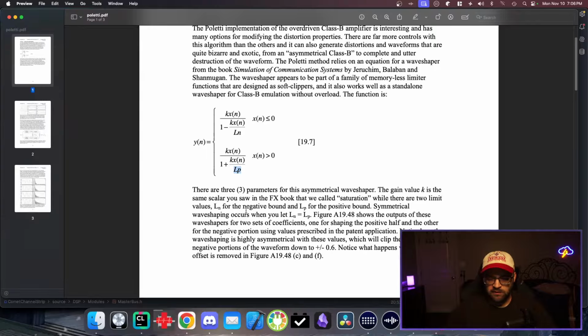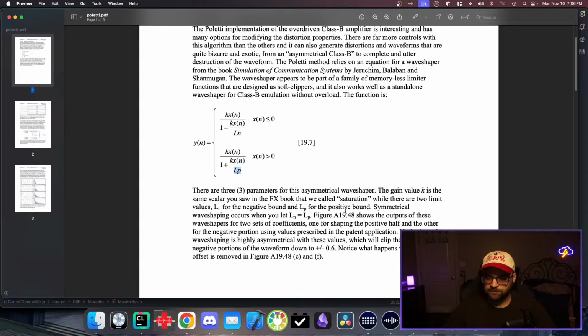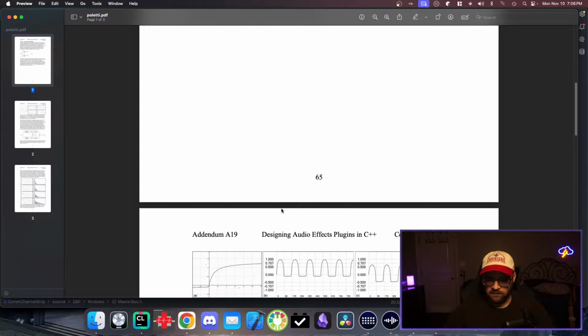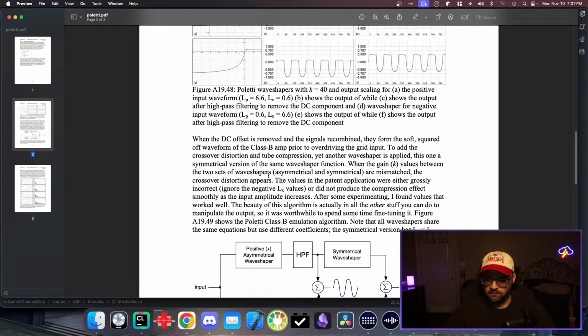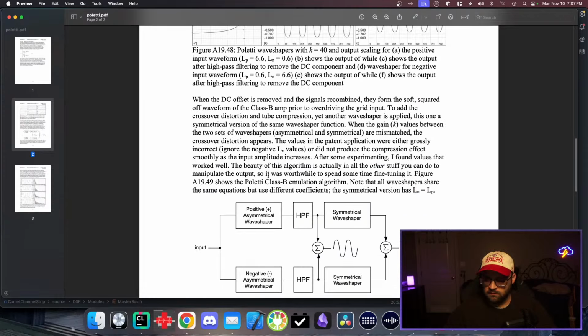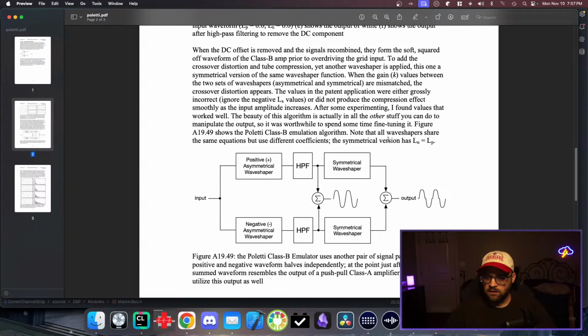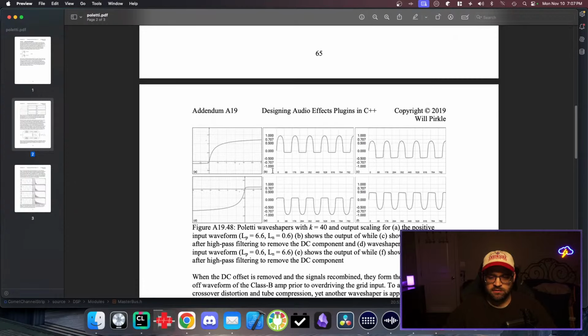If I remember correctly, actually, let me just look. I forgot. I'm pretty sure they are symmetrical when they have the same values. The symmetrical version has LN equal LP. Yes, okay. So just want to make sure.